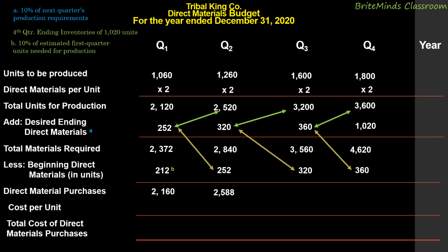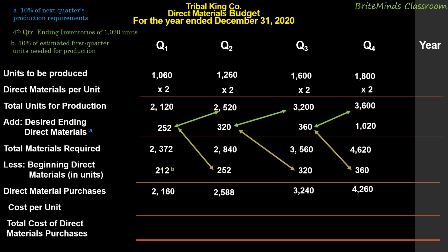For the third quarter, 3,560 less 320, which is 3,240. And then for the last quarter, 4,620 less 360, which is 4,260 units.